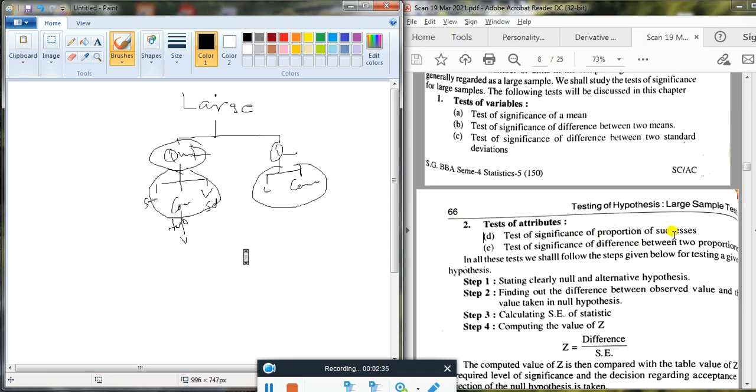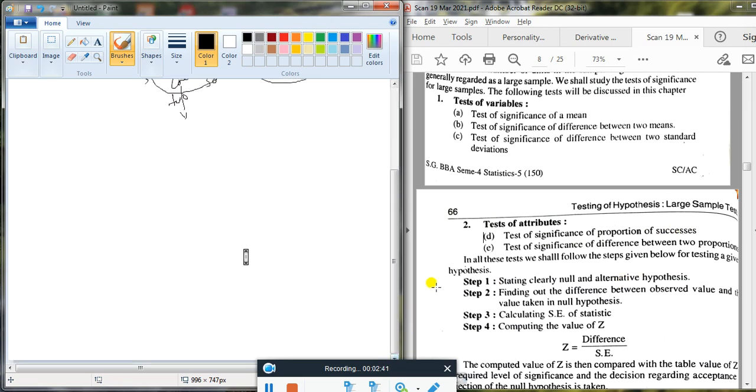Anyway, when you are going to test something, you need to follow these 4 steps. Those 4 steps: first one is stating clearly the null and alternate hypothesis. Second, finding out the difference between the observed value and the theoretical value taken in the null hypothesis. Third is calculating the standard error of the statistic.